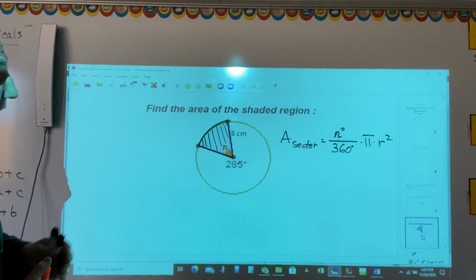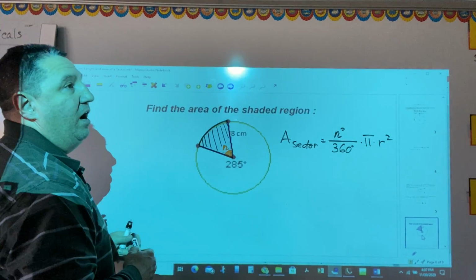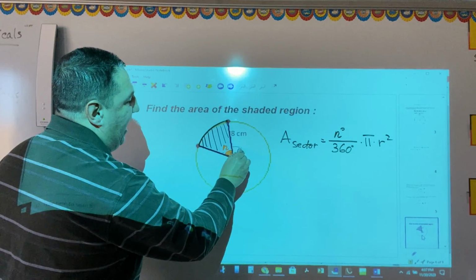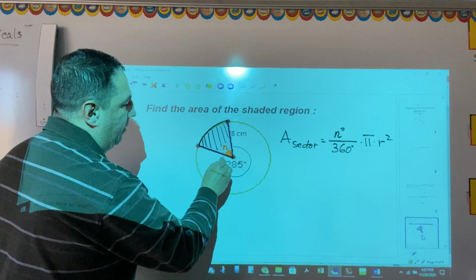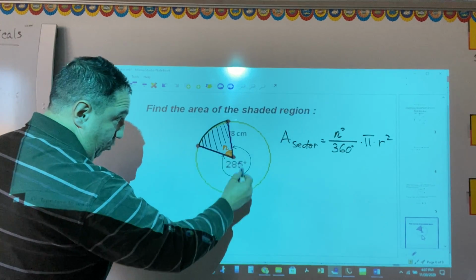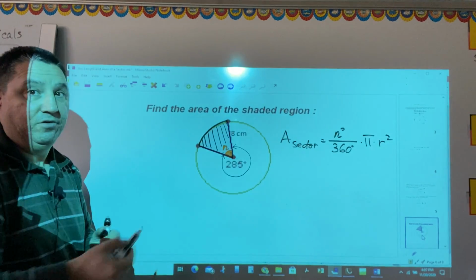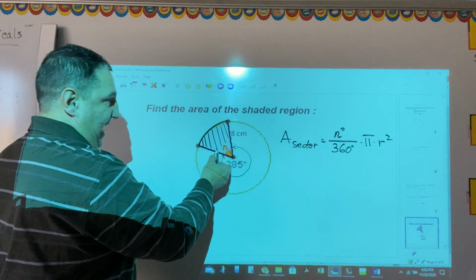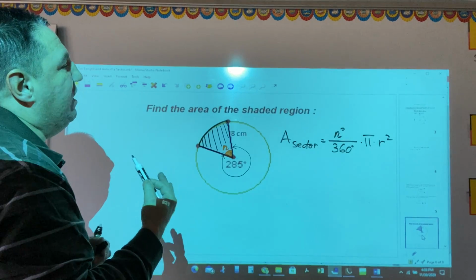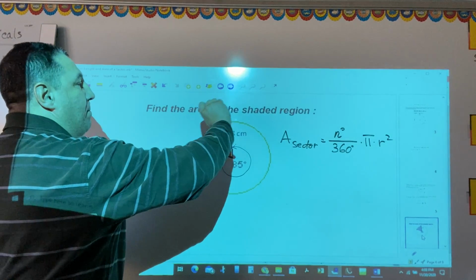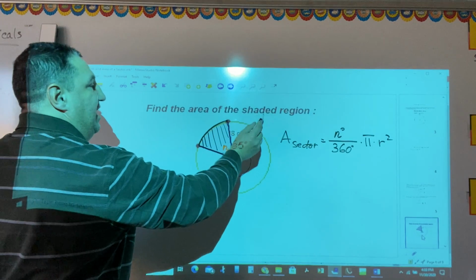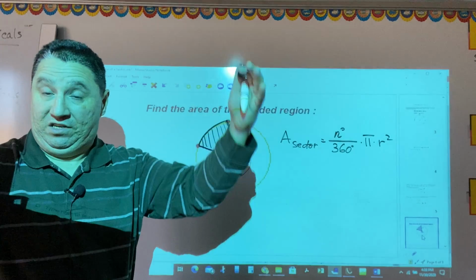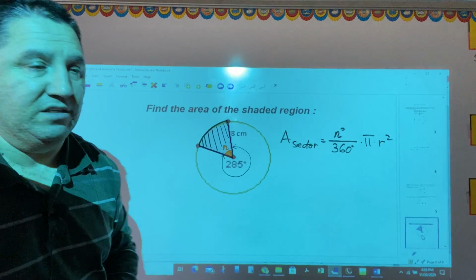Now, as we can see, 285 is this angle. 285 is the exterior angle. Now, to find the measure of n, what do we have to do? We know the measure of the full circle. The measure of the angle of a full circle is 360 degrees.